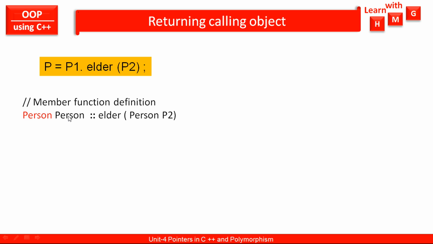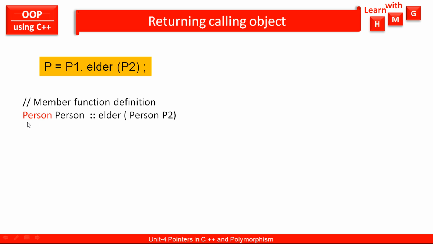And this red color person is the return type, because this elder function is going to return an object, and whenever any member function is returning an object, its return type is always the class name. Here the elder function is going to return an object of the type person, and that's why the return type is specified as person, indicated in red color.